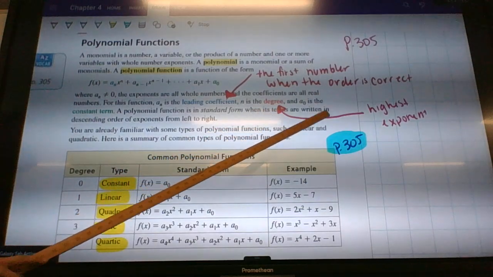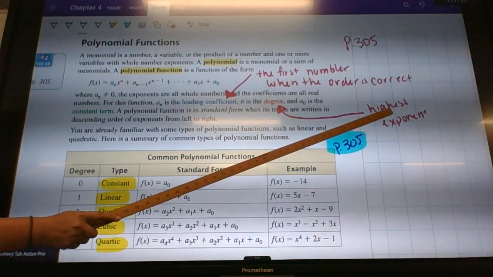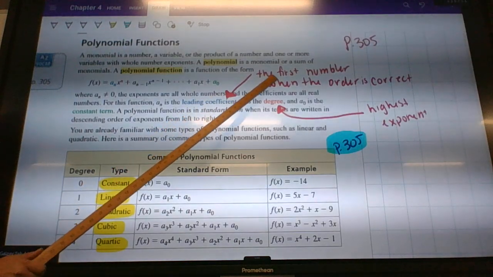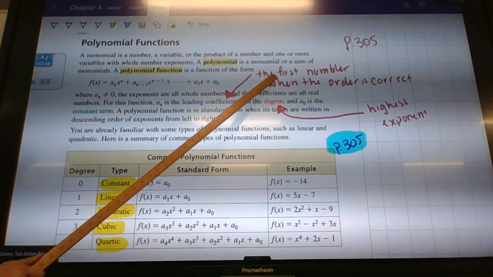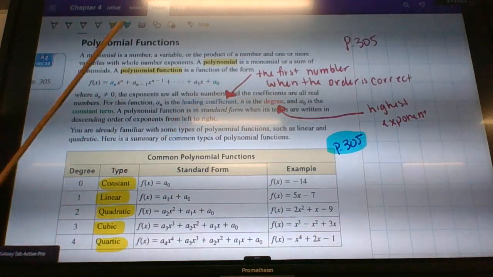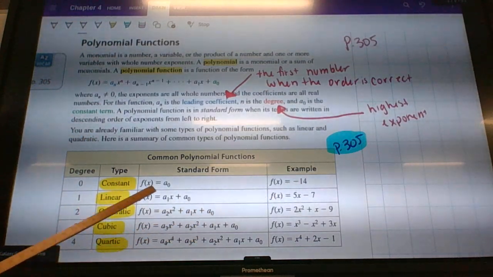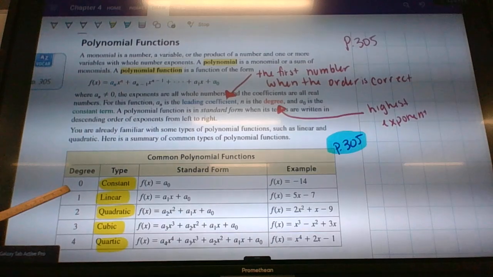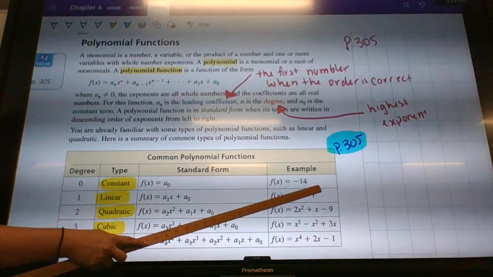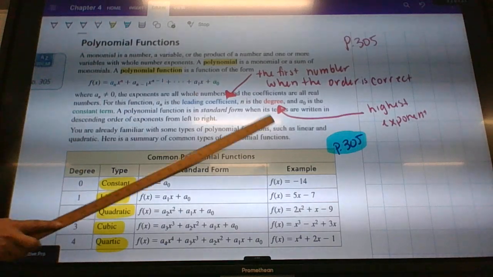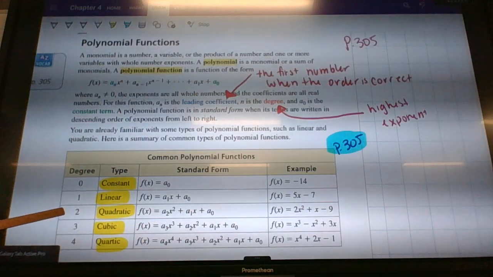Degree. I'll say this a lot throughout this chapter. The word degree means the highest exponent. Leading coefficient is the number, when it's in the correct order, that is the first number. If there's no x at all, that's called a constant function and the degree is 0. If it's linear, like y equals mx plus b, that degree is 1. A quadratic is degree 2.